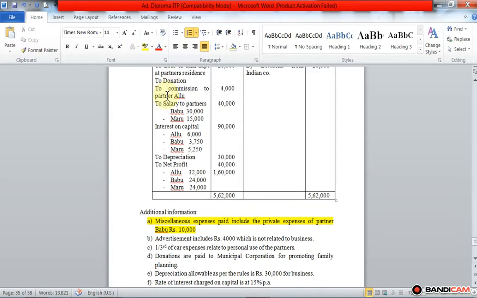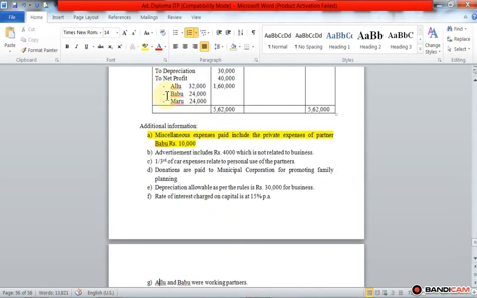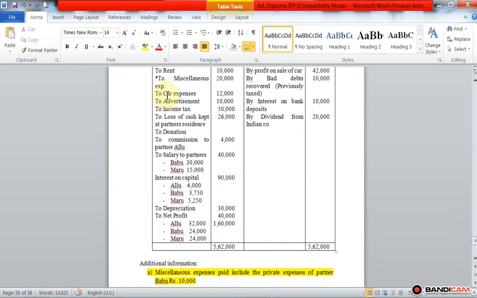Then the second adjustment or additional information is that advertisement includes rupees 4,000 which is not related to business. So find the advertisement in the profit and loss account and make a star in front of it, because rupees 4,000 included in advertisement is not a business expenditure.